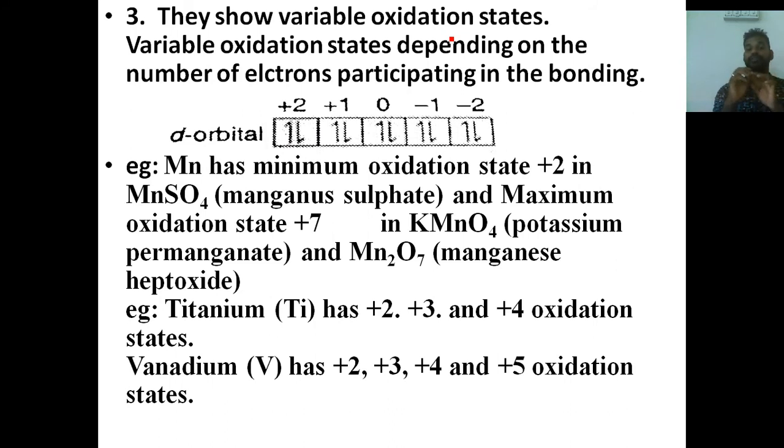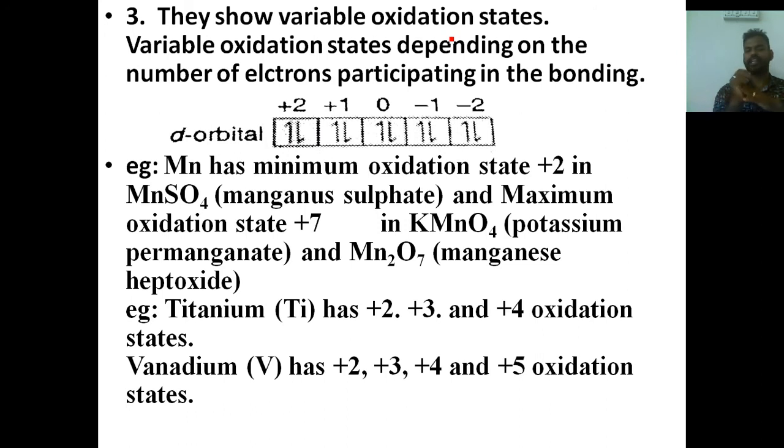So they have the variable oxidation state. For example, manganese shows +2, +3, +4, +5, +6, +7. Total 6 oxidation states. So just go through the manganese.